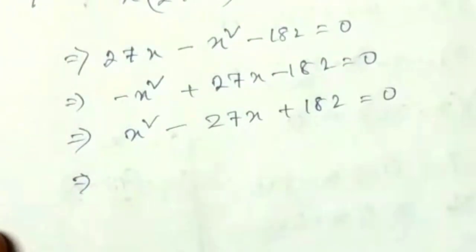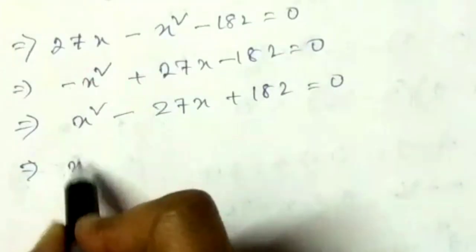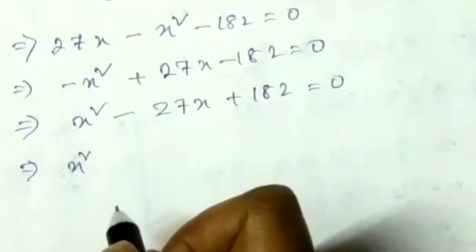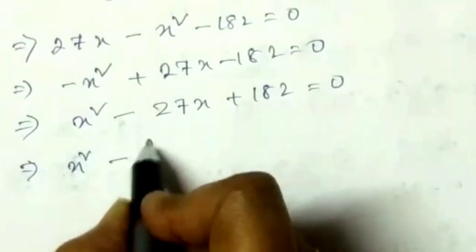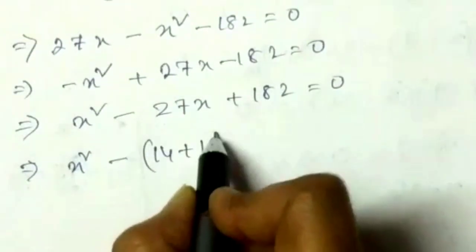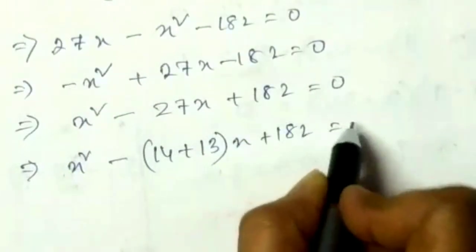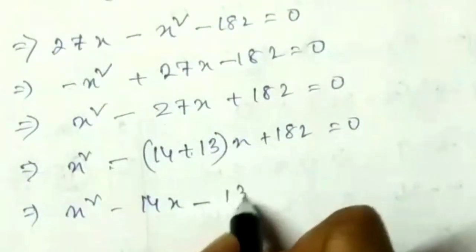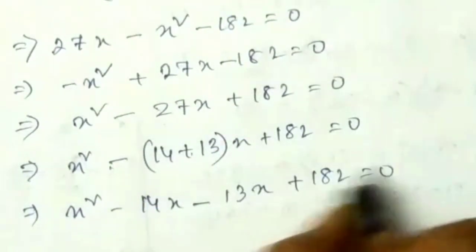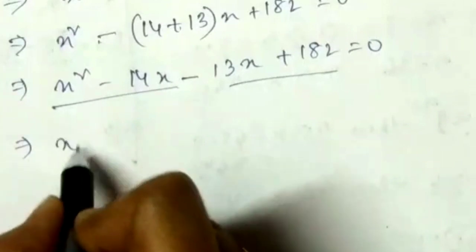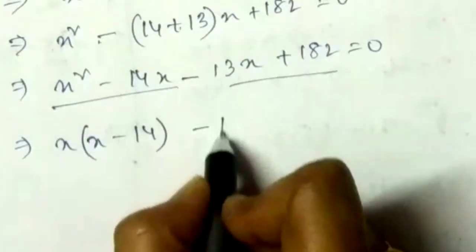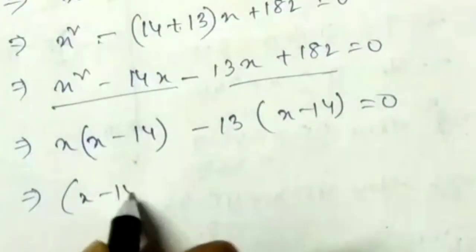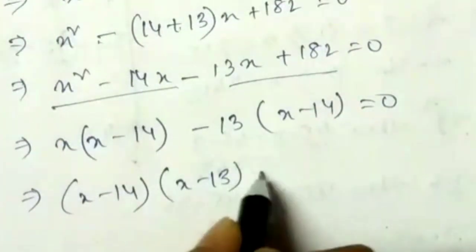Now again, this has to be split up. If you go for finding the factors, again you will get 14 and 13. So it will be 14x plus 13x. 14x minus, plus minus 13x plus 182. x minus 14, x minus 13 equal to 0.